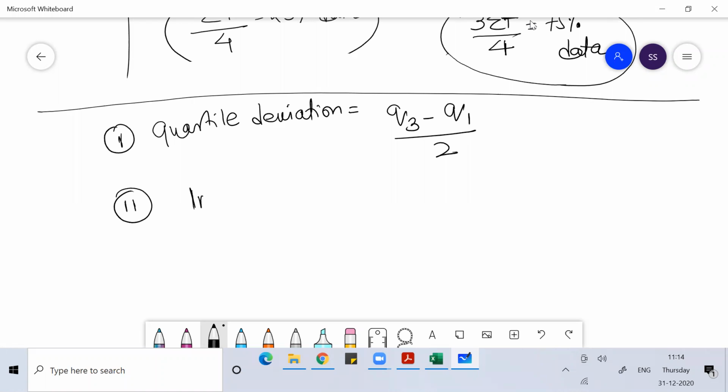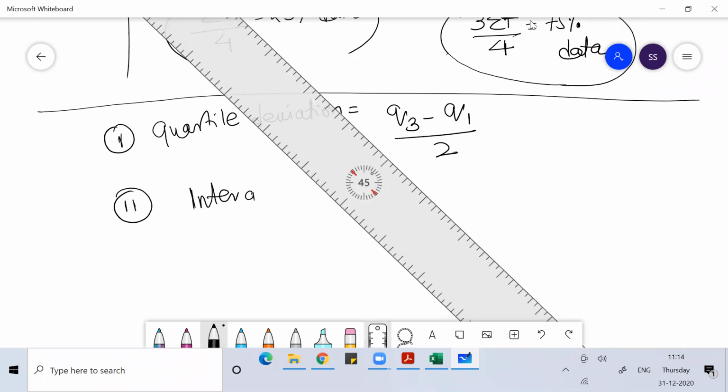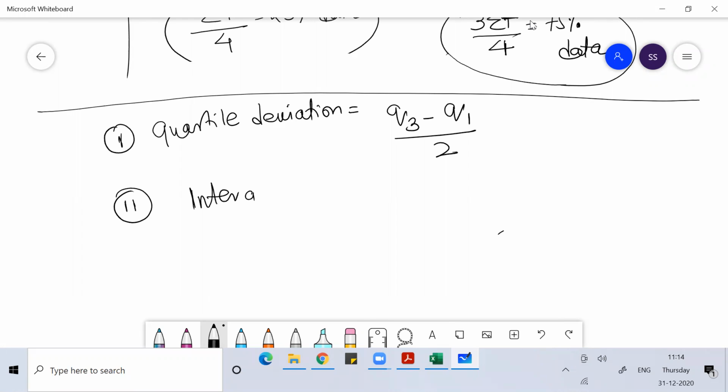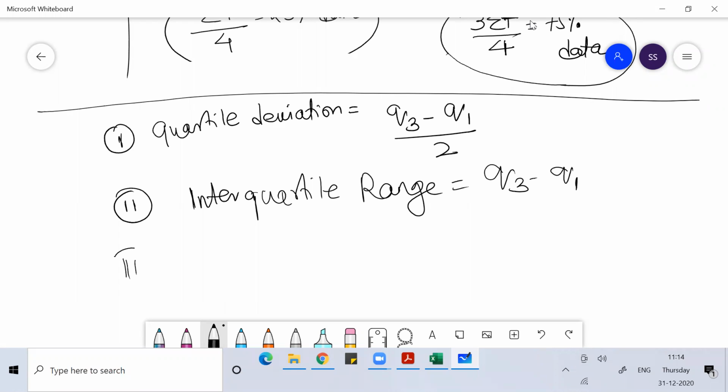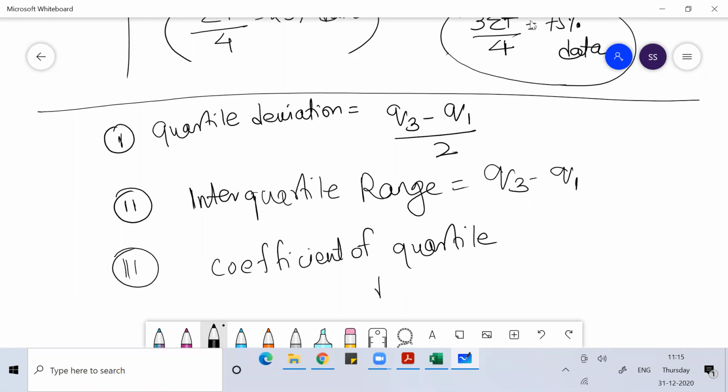These formulas are important. You should know what is interquartile range. Interquartile range means Q3 minus Q1. And the third thing is called coefficient of quartile deviation.